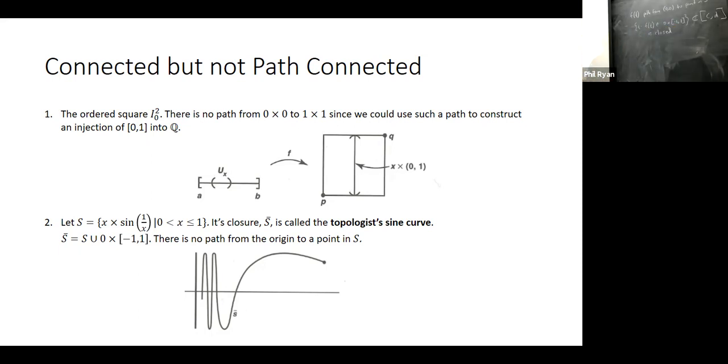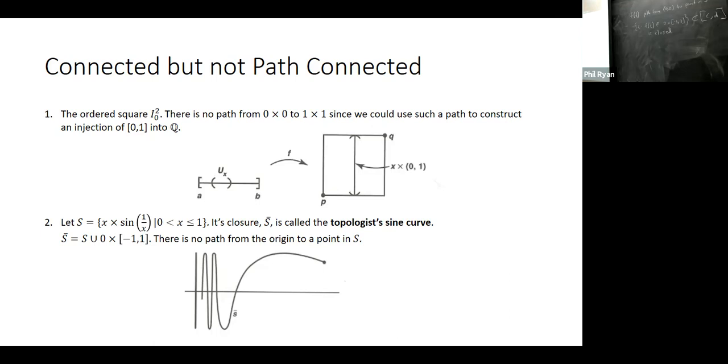What is that set? It's the t's such that f(t) is an element of 0 cross [-1, 1]. So it's the elements such that the image is on this closed interval here.